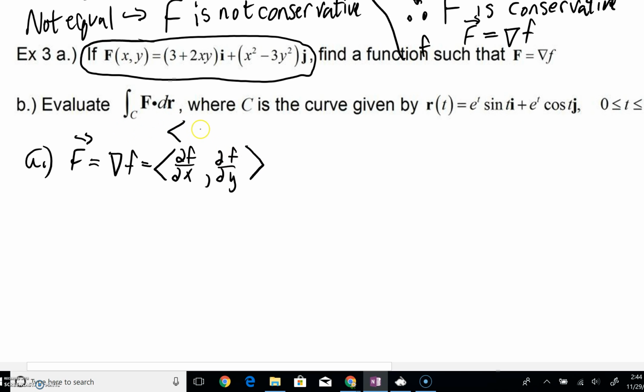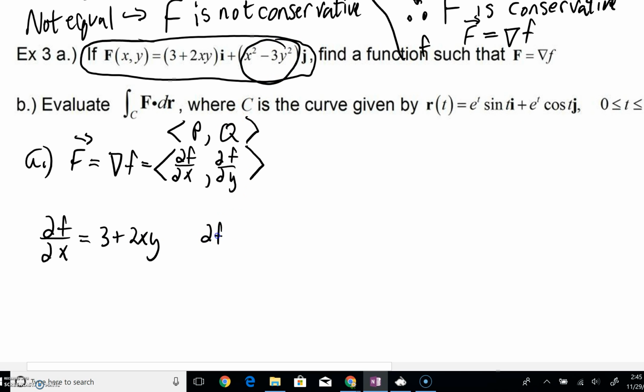But F, of course, is the function P comma Q in vector form. So what are we really seeing? We're seeing that P is the partial derivative with respect to x. That's the 3 plus 2xy. We're going to see that our Q is our partial derivative of f with respect to y.